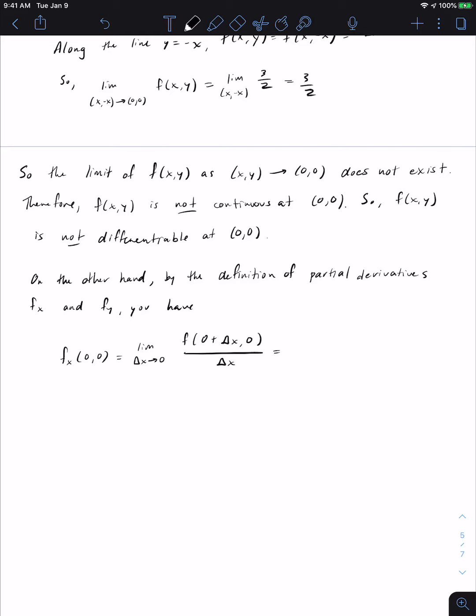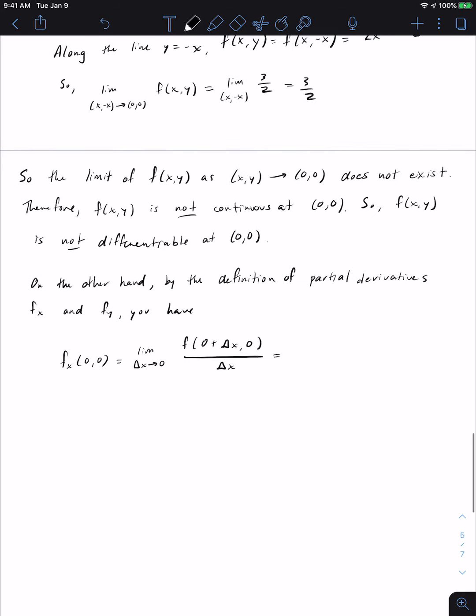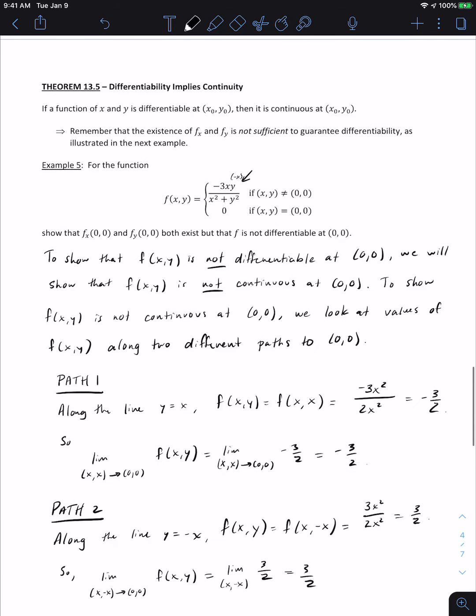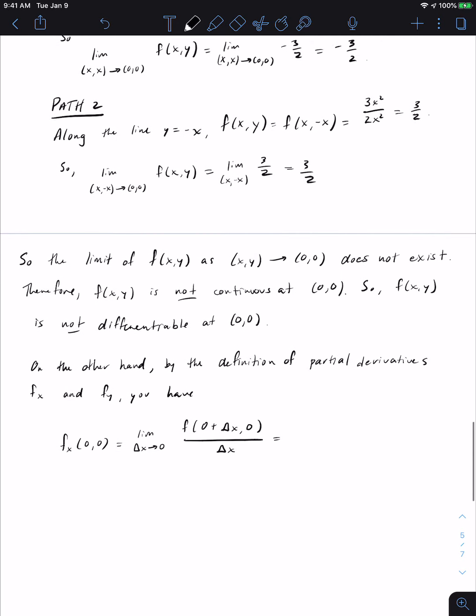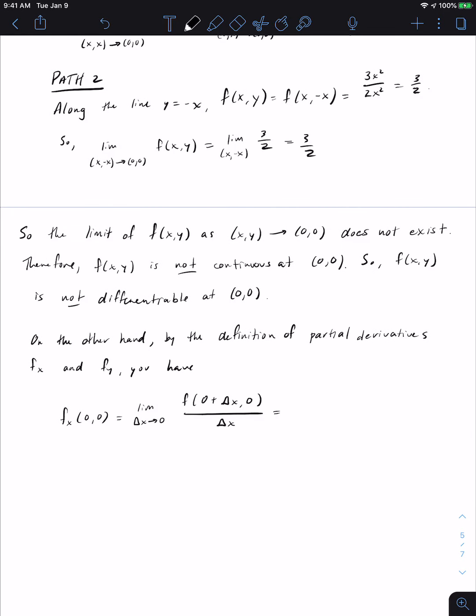This equals, well, if I plugged delta x and 0 into my function, I'd end up getting 0. If I plugged in 0, 0, then I would get 0 because that's what the function is, right? And I was supposed to put, remember it's f of x plus h minus f of x, so I should have put minus f of 0, 0, right?